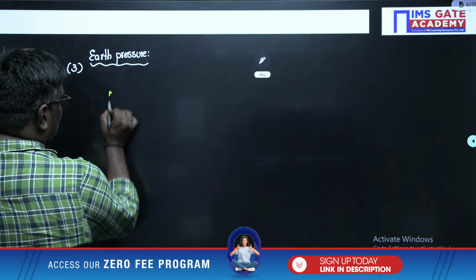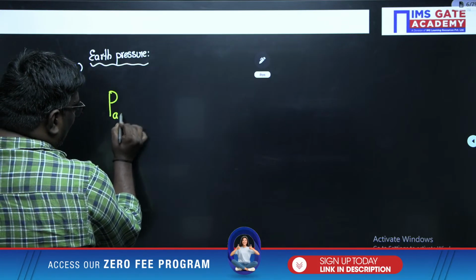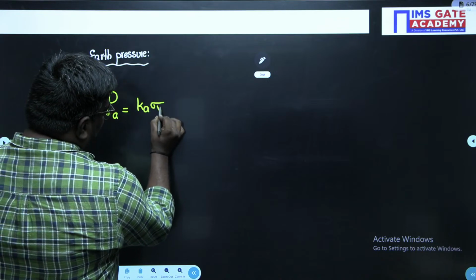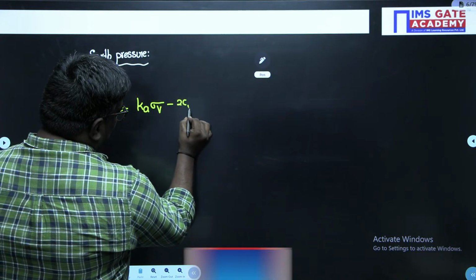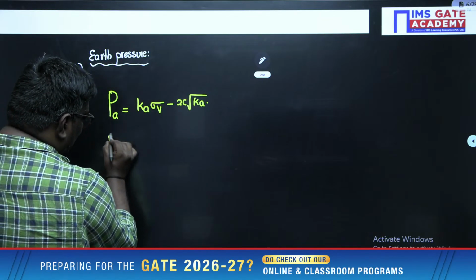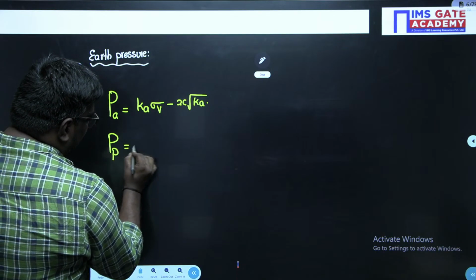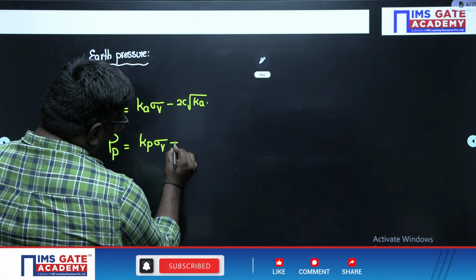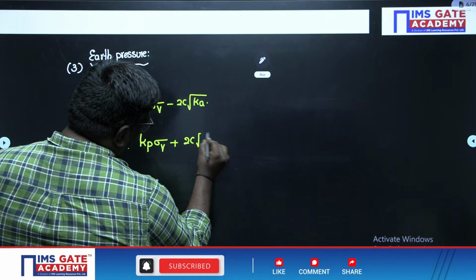Now here, my dear students, when I talk about active earth pressure, it is given by the formula Ka into sigma V minus 2C root Ka. Similarly, passive pressure can be written as Kp into sigma V plus 2C root Kp.